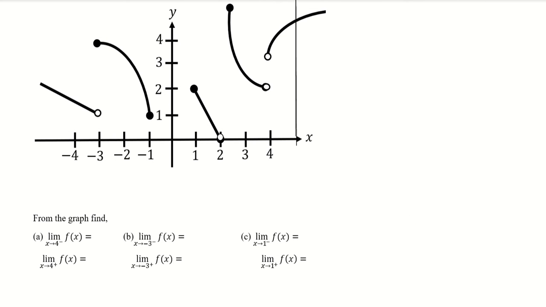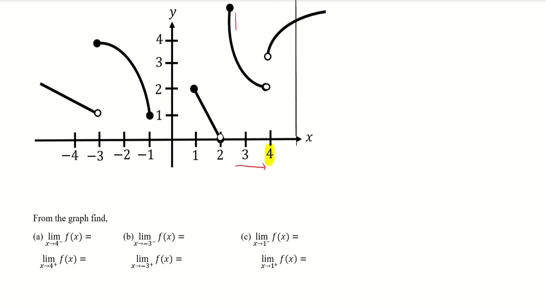We can find the limits by looking at the graph. First, we need to find the limit as x approaches 4. 4 is here. When we approach 4 from the left, this is the graph we need to refer to.